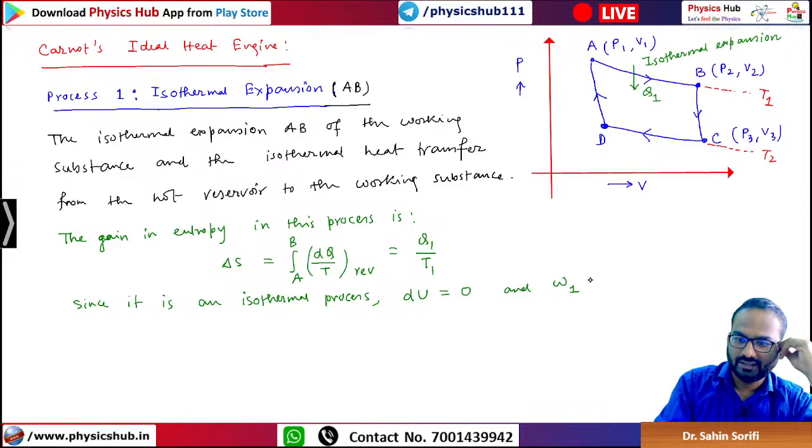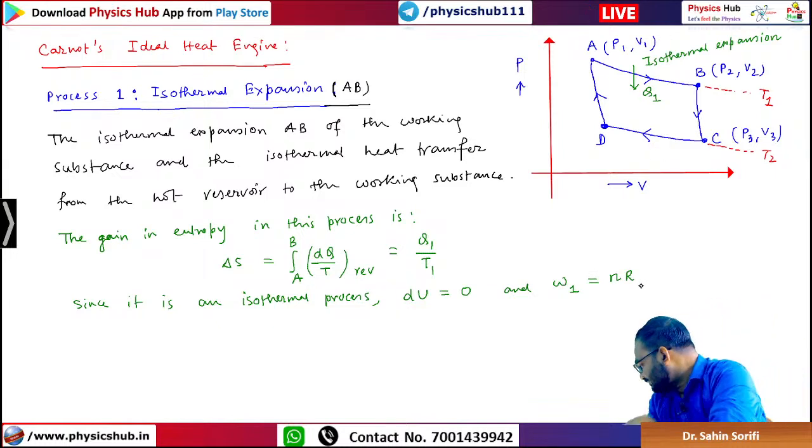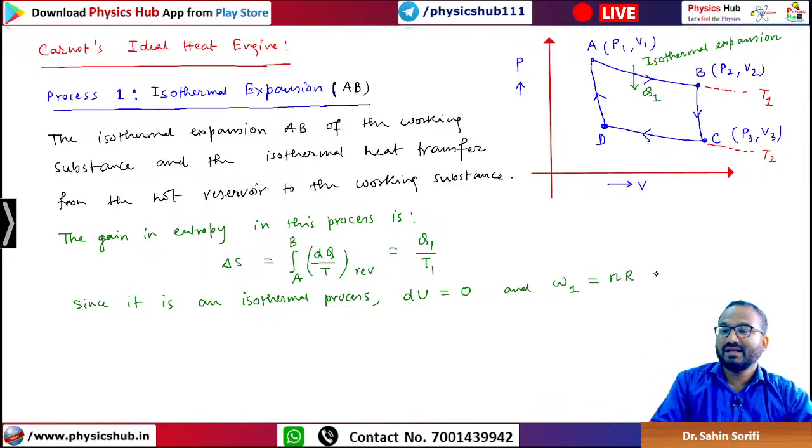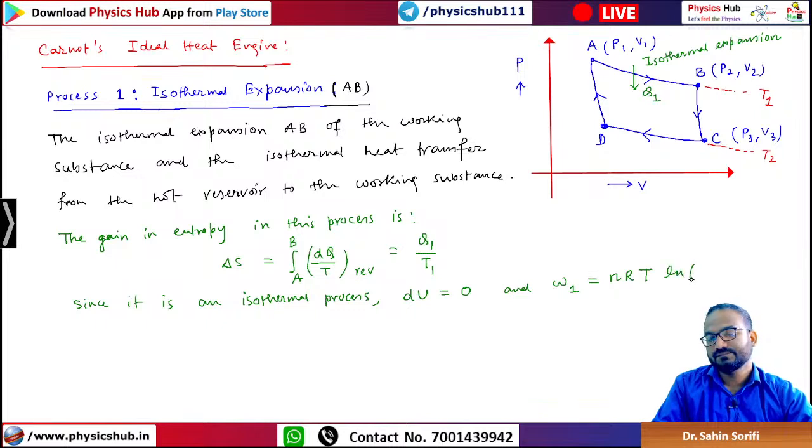We have already evaluated this. The formula is nRT ln V2 by V1. Here T is equal to T1, so nRT1 ln V2 by V1.